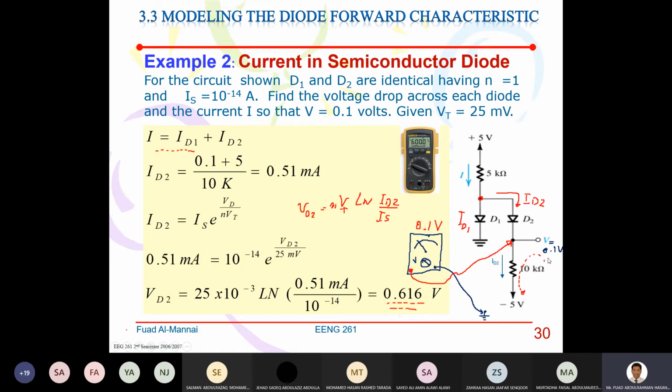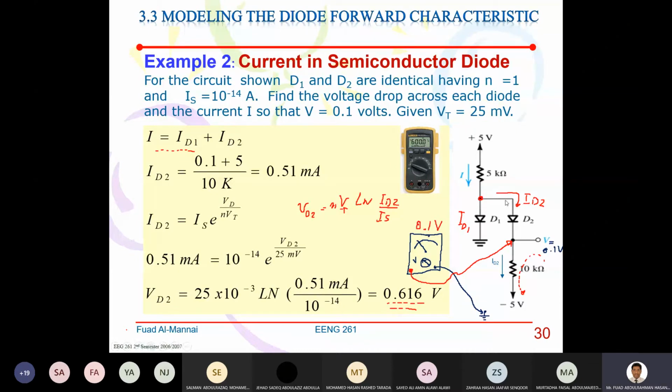I can take KVL like that, and that will give me minus 0.1 plus ID2 multiplied by 10K minus 5 is equal to 0. Therefore ID2 will be equal to 0.1 plus 5 divided by 10K, and that gives 0.51 milliamp. Easy. Is there any question?